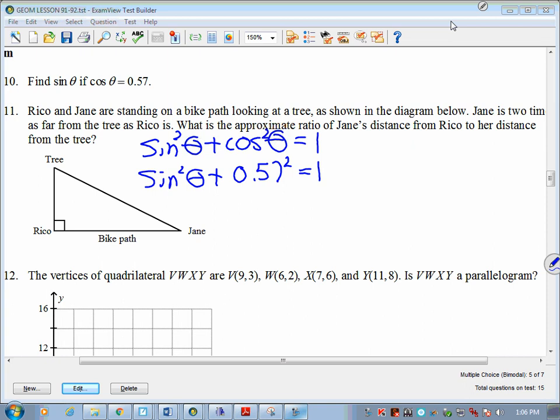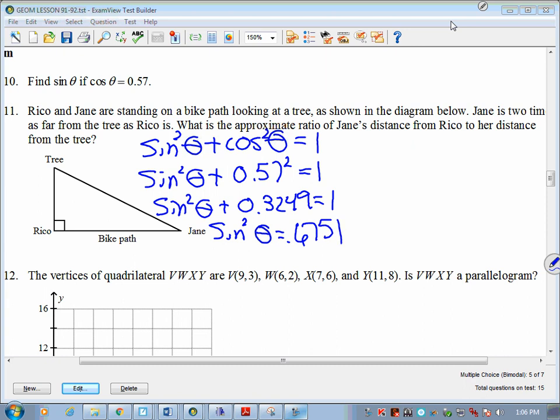We take 0.57 and square it. I get 0.3249, and we want to use all 4 decimals. We're going to subtract, so we get sine squared theta equals 1 minus 0.3249, which is 0.6751, and then my last step is to square root that.